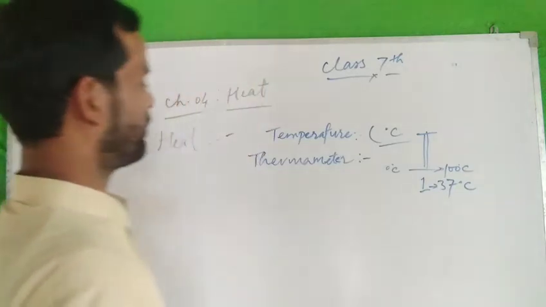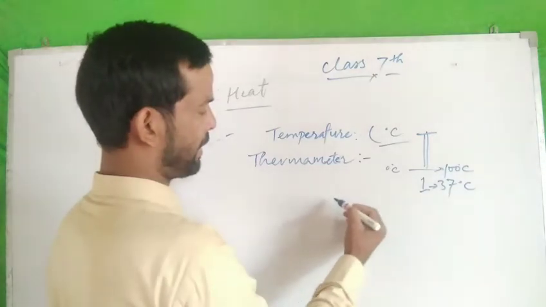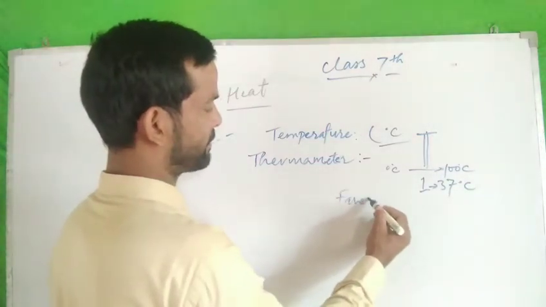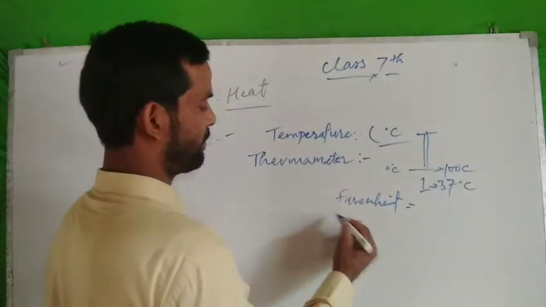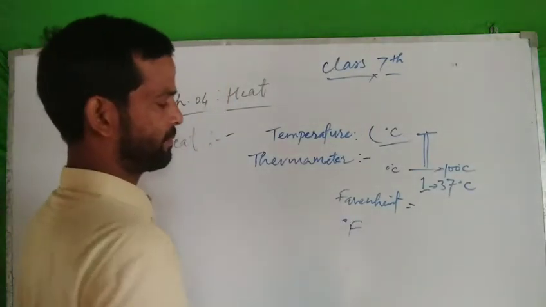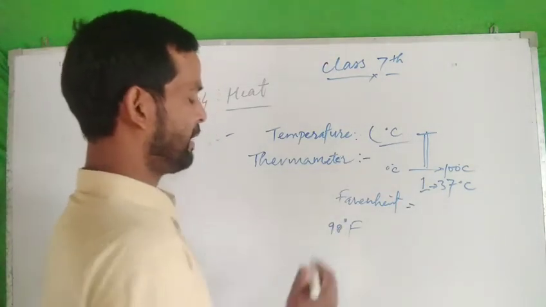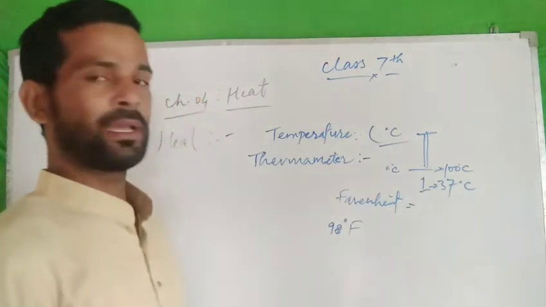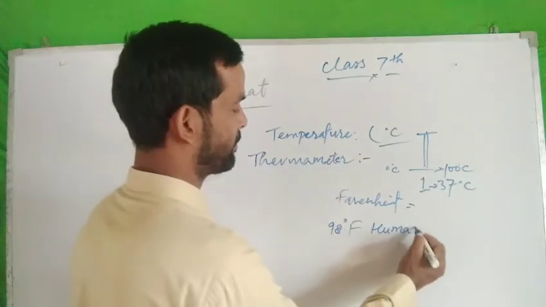And when we talk about a thermometer called Fahrenheit, that is degree Fahrenheit, the normal temperature of the human body is measured as 98 degrees Fahrenheit.